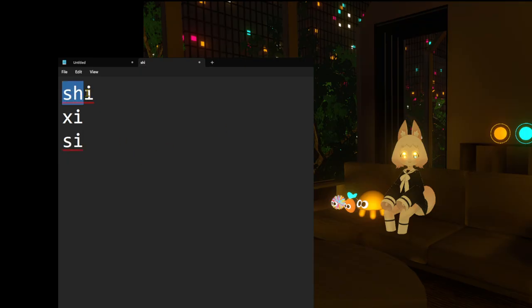Here's the thing. You can see in Chinese, the way you pronounce it, in Hanyu Pinyin or in Chinese pronunciation, all of them use the same letter, which is I. Now the problem is the way you pronounce it is different based on your consonant.